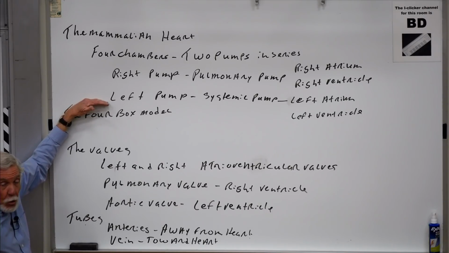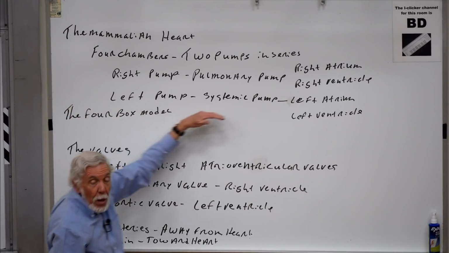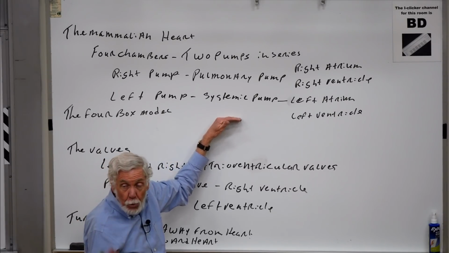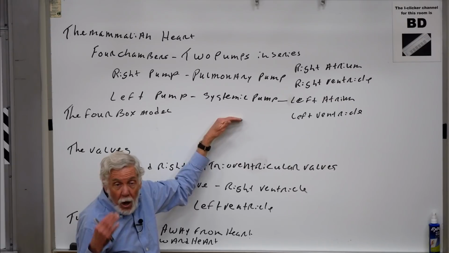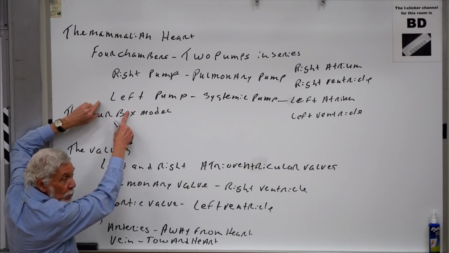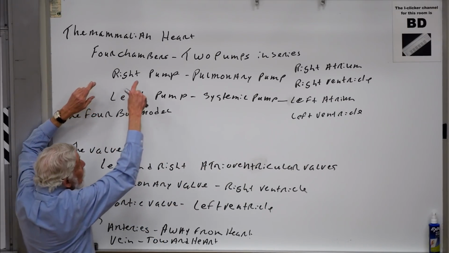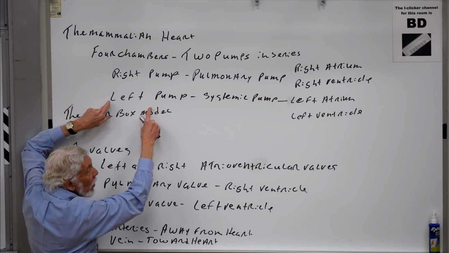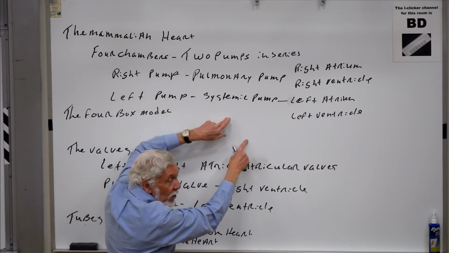The left pump is going to be dedicated now to pumping blood throughout the rest of the circuit. So all of the blood that goes to your brain and your liver and your gut, your muscles, all of that is pumped by the left pump. But first we use the right pump to oxygenate the blood, and then we use the left pump to pump that oxygenated blood throughout the system.